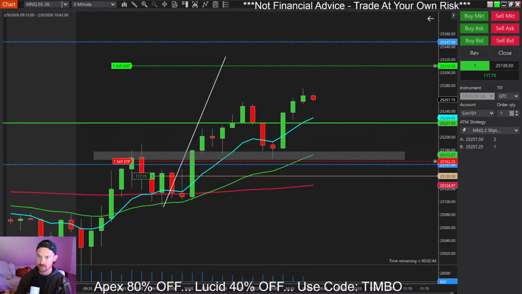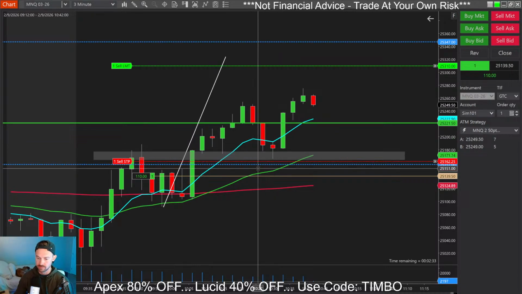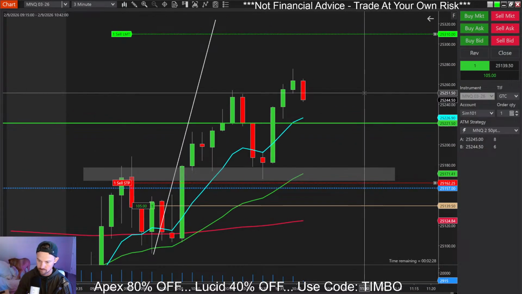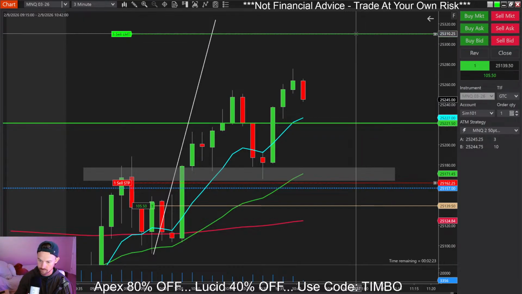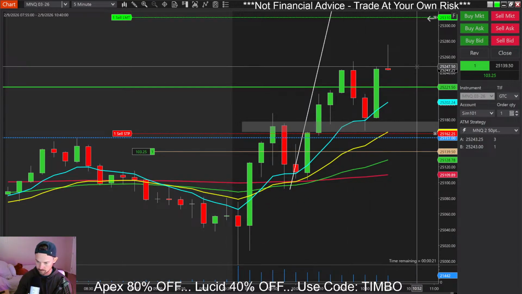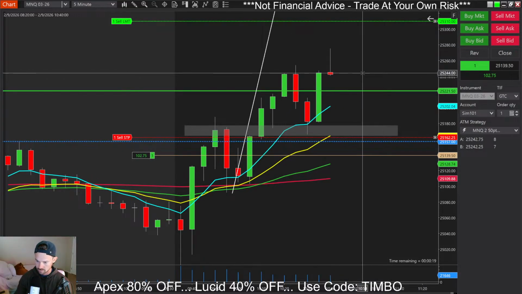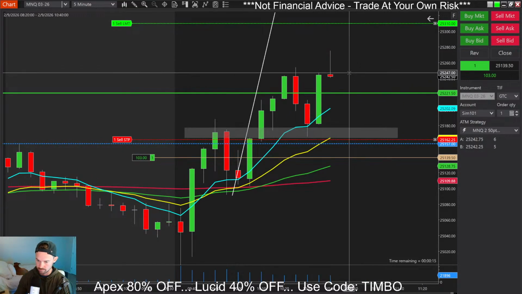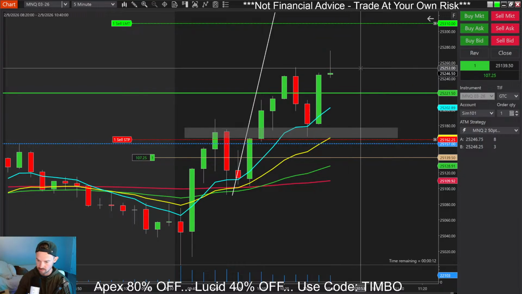ES is very close to breaking that overnight high level, 69.79, 75 level. Kind of wicking a bit here on the 5-minute. See, 20 seconds. I don't love that rejection there.